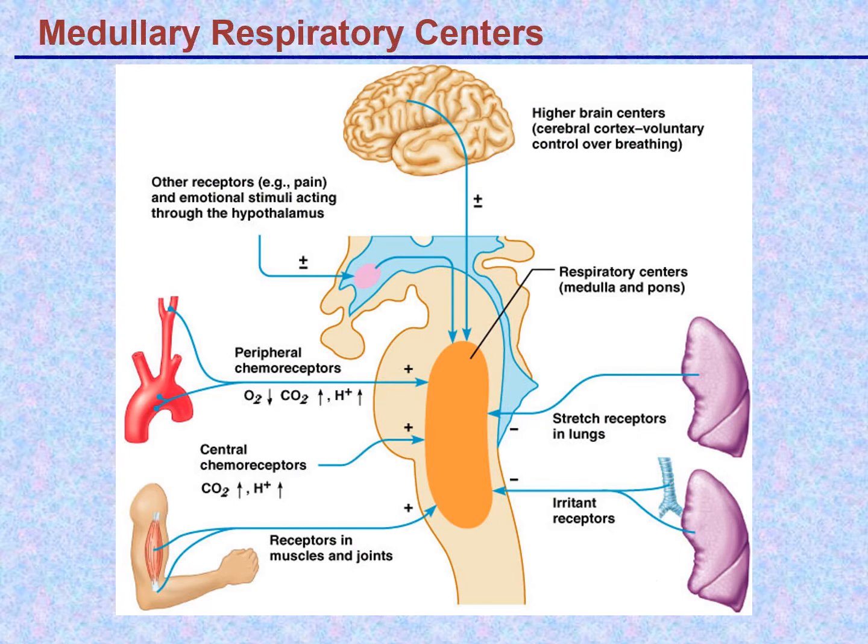So here you see a slide, in fact, that summarizes what I was talking about and some of the signals that the respiratory centers respond to. Here we're looking at the medullary respiratory centers. Remember that these are the DRG and the VRG, and they control inspiration, the inspiratory rate and depth of breathing.